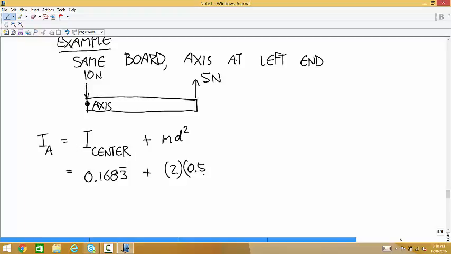So 0.5 squared. And if you add that all together, you get a moment of inertia of 0.6683 repeating kilogram meters squared.